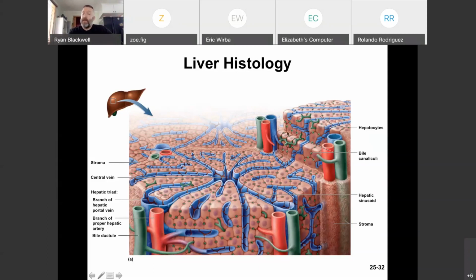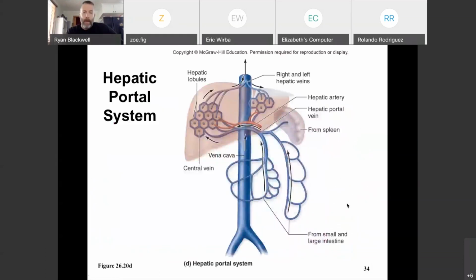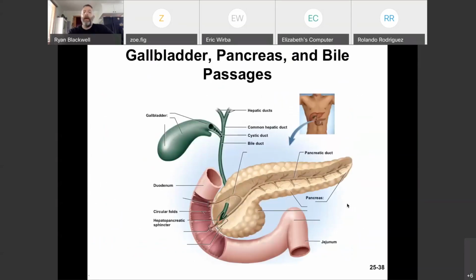Once bile is produced in the hepatocyte, it gets secreted into these bile canaliculi. Then they flow into these bile ductules, eventually out of the liver and into the small intestine. From the liver to the small intestine, that's where we see these series of ducts.